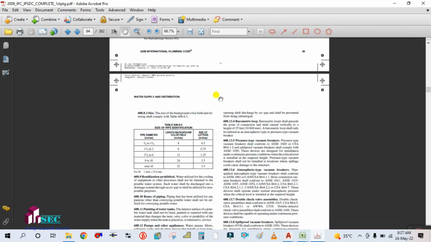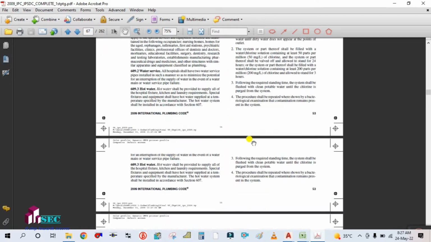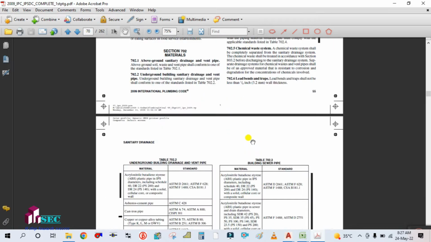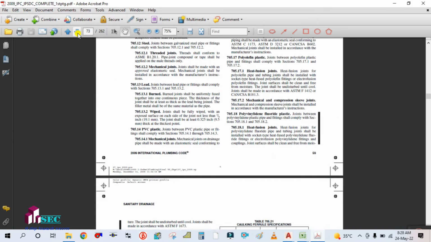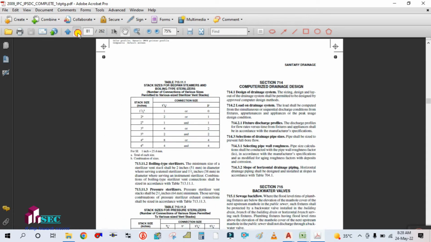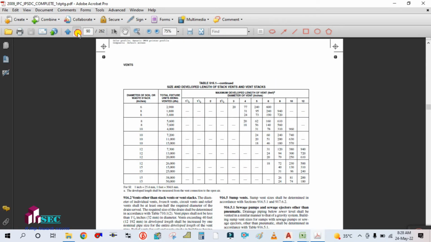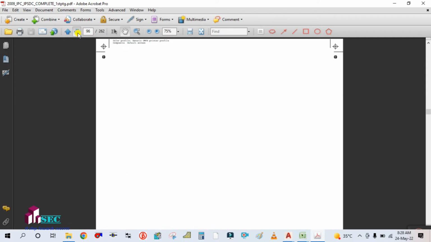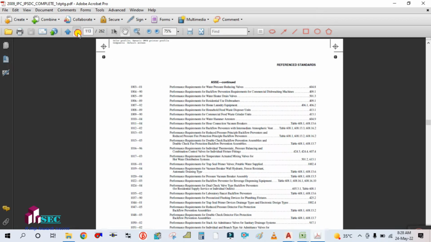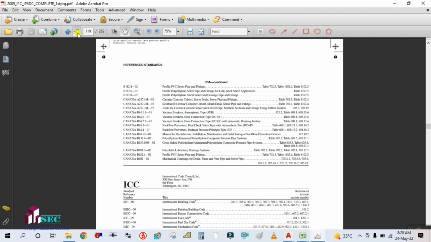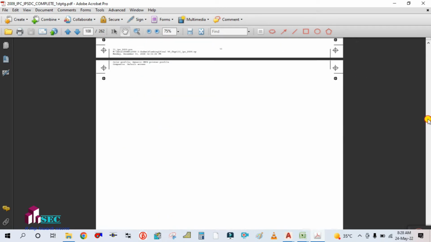Not 63, we have to check where the graph is. There is a graph for the smooth pipe, so we need to check that one. From that graph we can find the pipe size. Where is that graph?